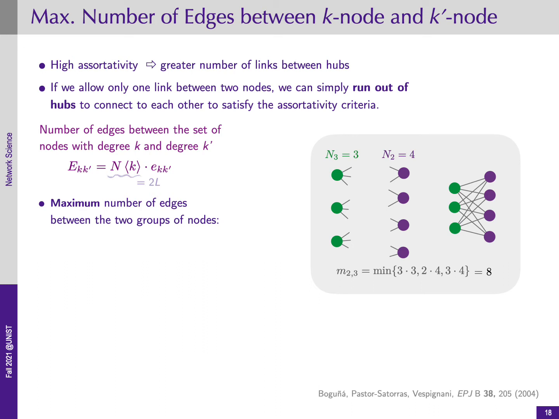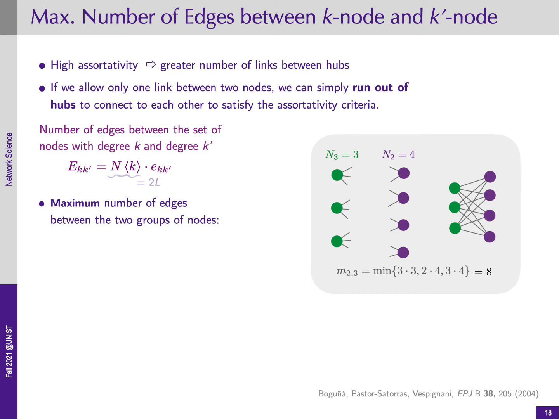So how many edges are possible between the two groups of nodes, which have degree 3 and 2? That is definitely capped, limited by the total number of stubs emanating from the nodes with degree 3, which is here 9, right?